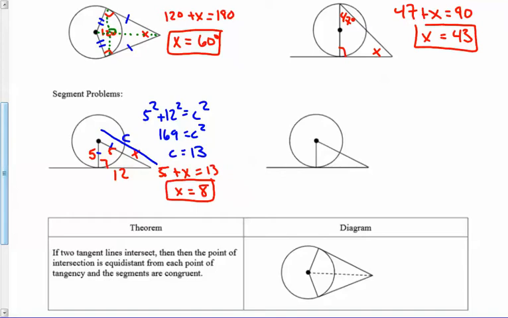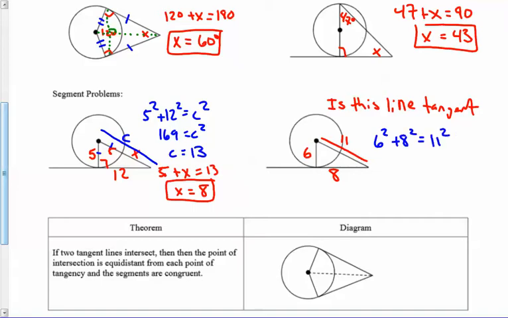Now, what if I say, well, this is 6, 8, and this is 11. And I ask, is this line tangent? And the only way to know is to find out, does this make a right triangle? If it makes a right triangle, then indeed it is a tangent line.